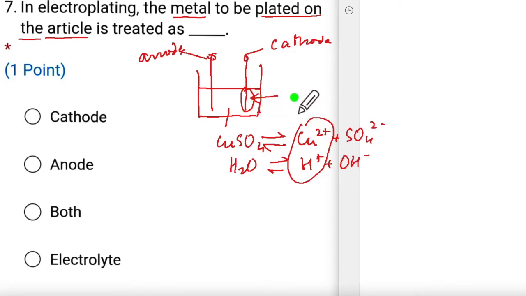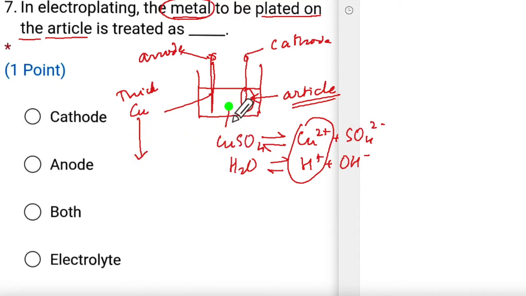For your cathode you have to take the article to be electroplated. But where will the metal which is to be plated on the article be? The metal will have to be the anode. So here we will have to take a thick bar of copper. Why?